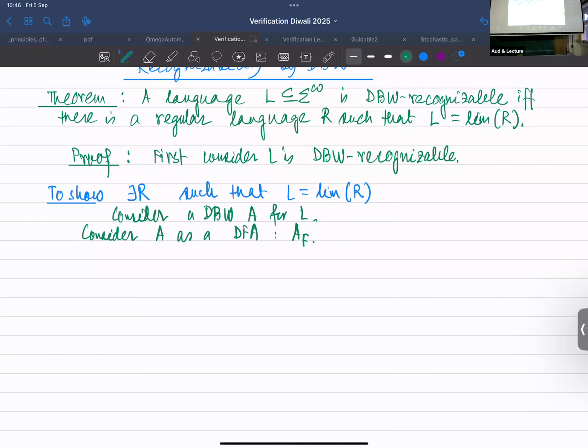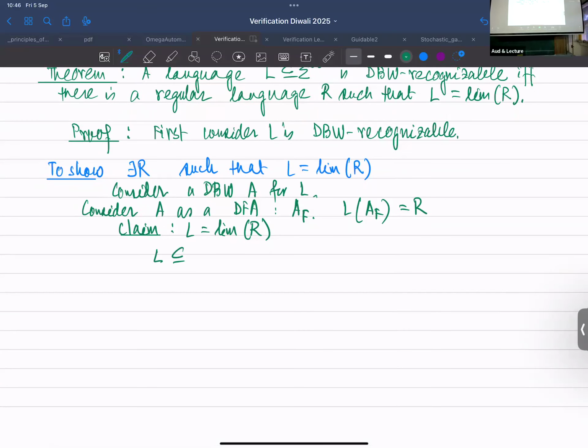Now suppose I say that the language of AF is R. My claim is that L is indeed limit of R.